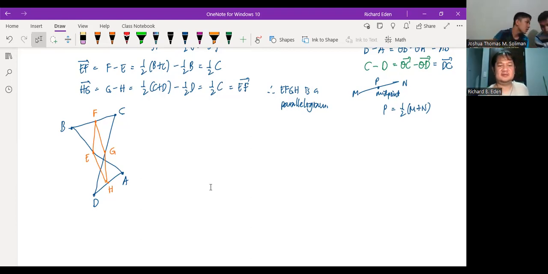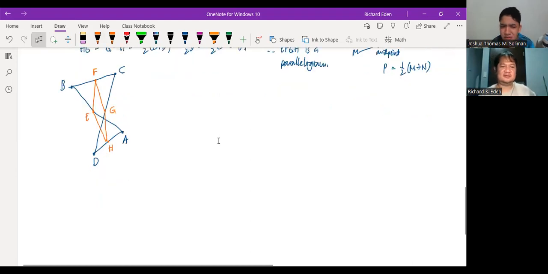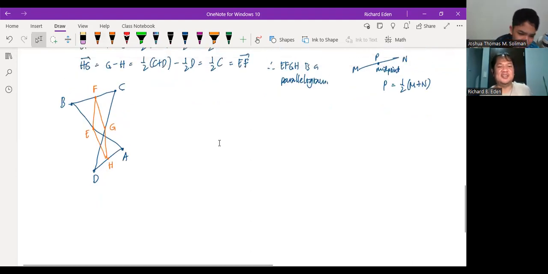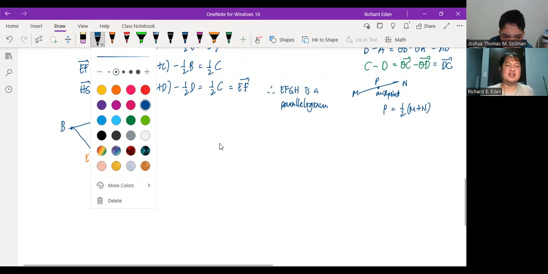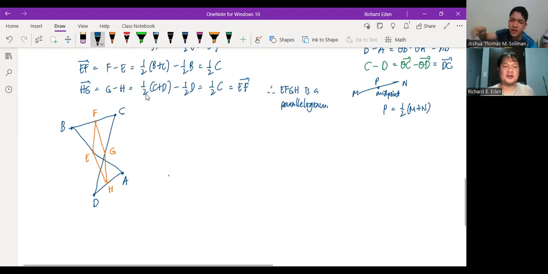Intersecting polygon. Intersecting polygon po. Yes. Actually, intersecting polygon, even pwede din halimbawa non-intersecting polygon. Let's say ito nung typical A, B, and then C, and then let's say D is here.